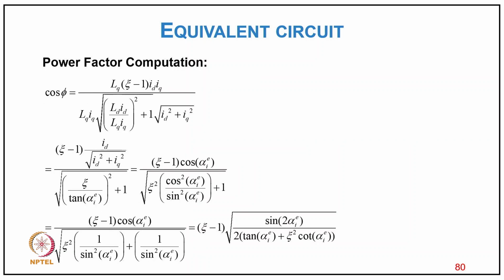So cos phi equal to eta minus 1 into ID IQ divided by under root eta ID square plus IQ square into under root ID square plus IQ square, or equal to eta minus 1 cos alpha over under root eta square cos square alpha plus sin square alpha, and that is equal to eta minus 1 upon under root eta square cot square alpha plus 1, equal to eta minus 1 sin 2 alpha divided by 2 tan alpha plus 2 eta cot alpha.